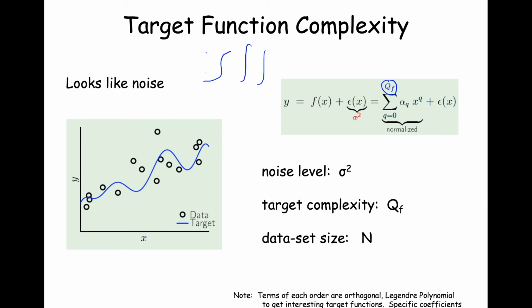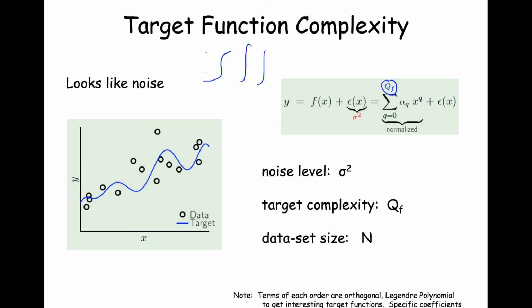As sigma squared increases, it's going to increase the variability selected by the z distribution, the standard normal. So we can alter the noise level through sigma squared, we can alter the target function complexity with this QF, which is the bound for the summation that defines the Legendre polynomial, and we can also control the data set size.